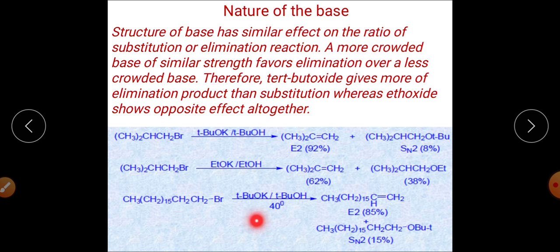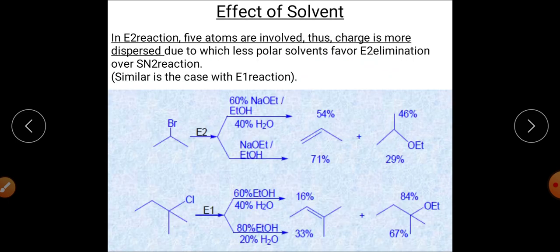Here you can see that at 40 degrees Celsius temperature we are taking, this is 85% and this is 15%, right? So this is the overcrowded base, how the more crowded base, the overcrowded base, will favor the elimination reaction as compared to substitution.